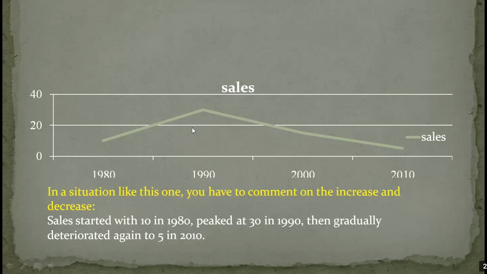It seems that there is a peak here in 1990, and then there's a gradual and constant decrease from 1990 to 2000. So you need to comment on the starting point, true, and then you're going to comment on 1990, and then you're going to comment on 2010, and it's not important for you to comment on 2000 because it's following the same pattern. So you might write something like that. Sales started with 10 in 1980, peaked at 30 in 1990, and then gradually deteriorated again to 5 in 2010.